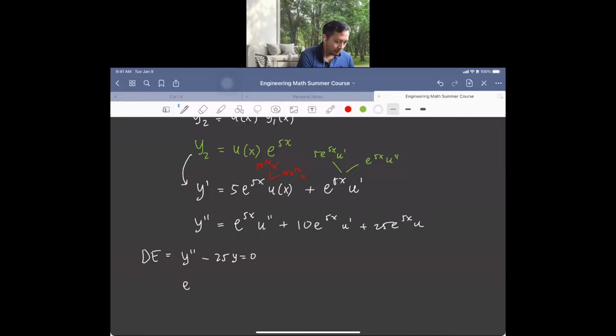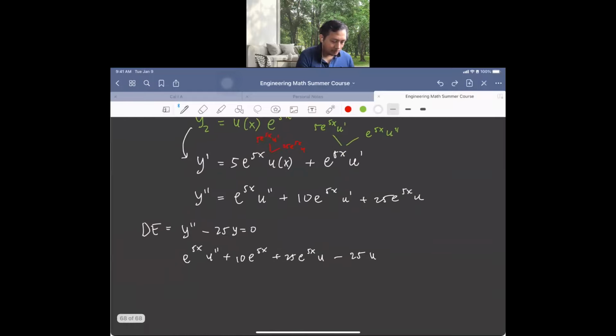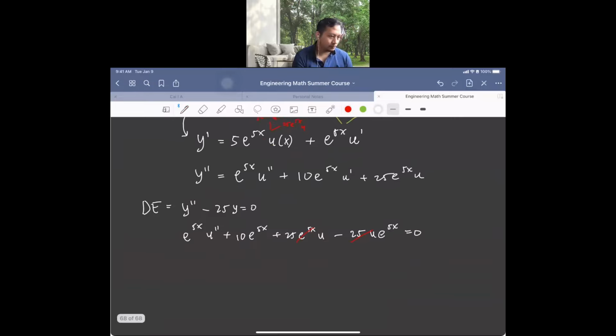Now y double prime is e^(5x) u double prime plus 10 e^(5x) u prime plus 25 e^(5x) u, minus 25 y, where y is u(x) y1. Y1 is e^(5x), right? And this will be canceling this. This equals 0.